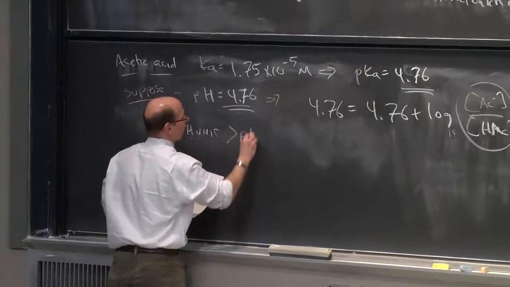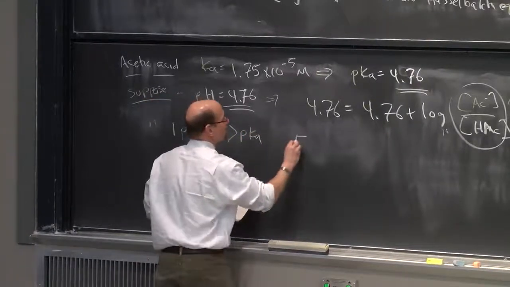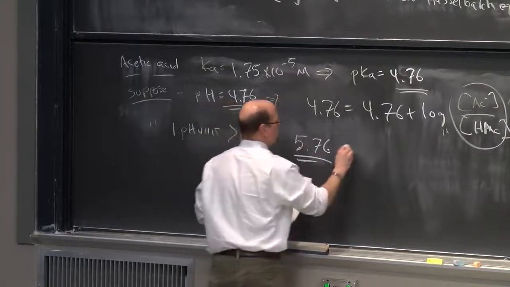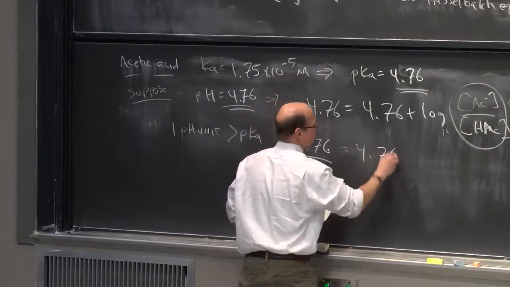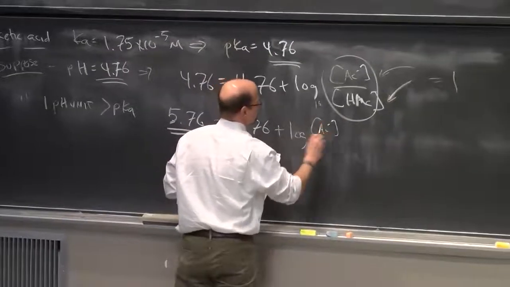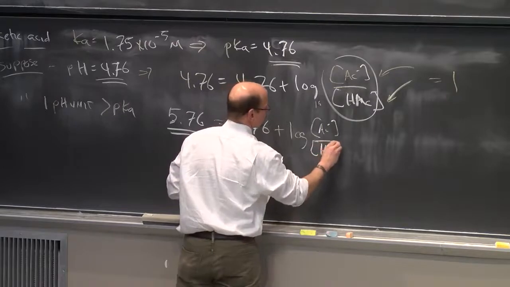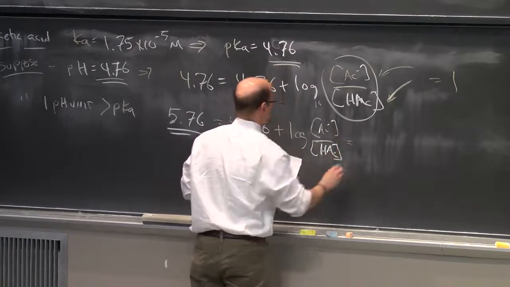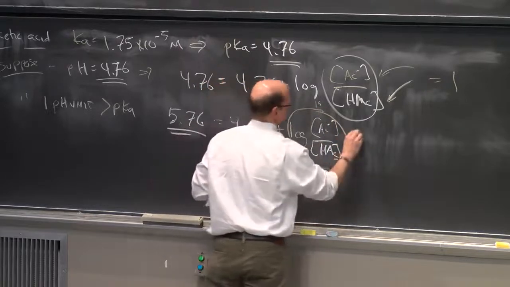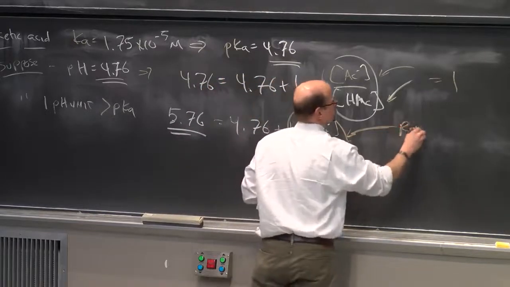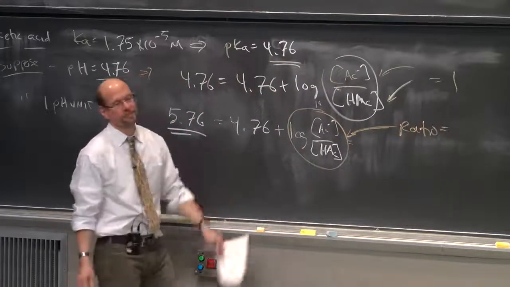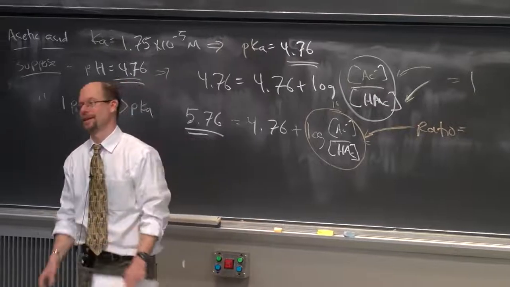Okay. What about, suppose I'm 1 pH unit greater than the pKa. Okay? So now I make my solution, and it has a pH of 5.76. Well, what does that mean? Well, that has to equal the pKa plus the logarithm of the acetate anion over the undissociated acid, HAc. So what does this ratio now have to be? Yeah, somebody.